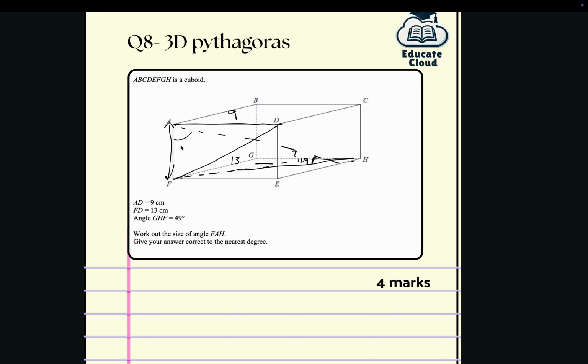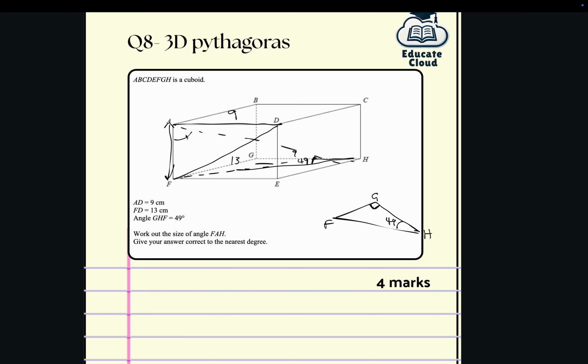So what I can do is let's draw the base out. FGH, let's draw that part out. This is F, this is G, which is 90 degrees, even though it doesn't look like it, but that's the base. This is H. This angle here, GHF, is 49.